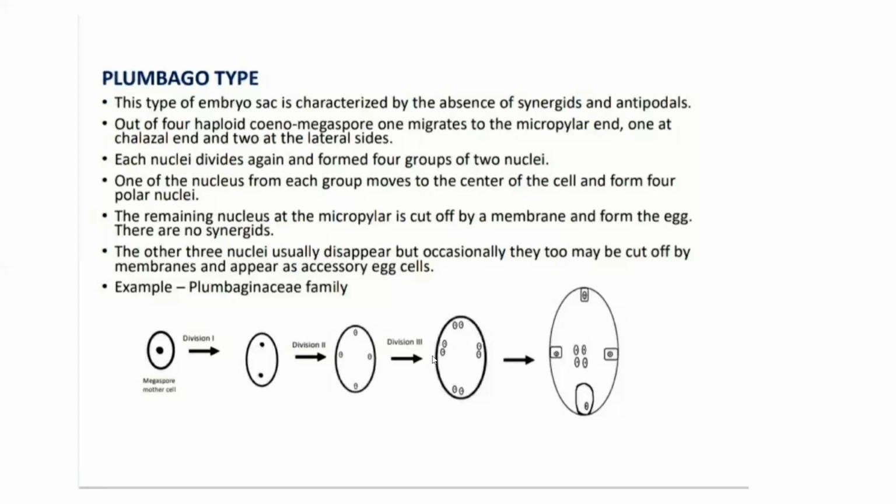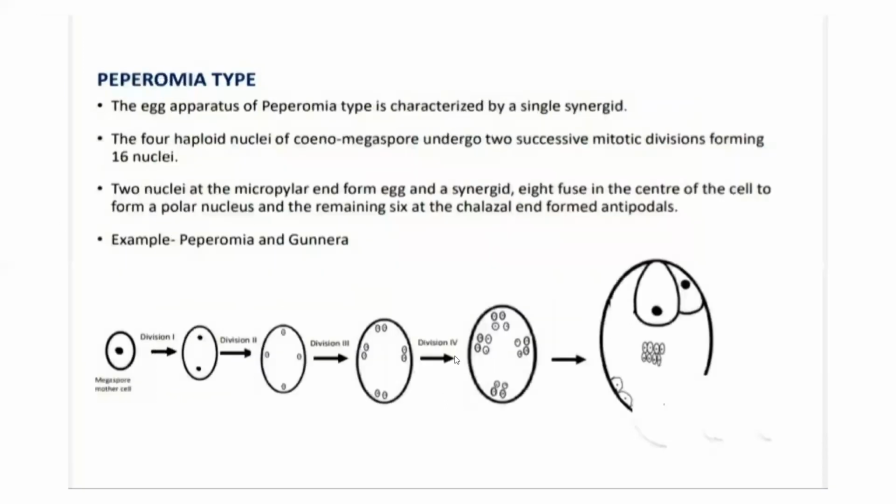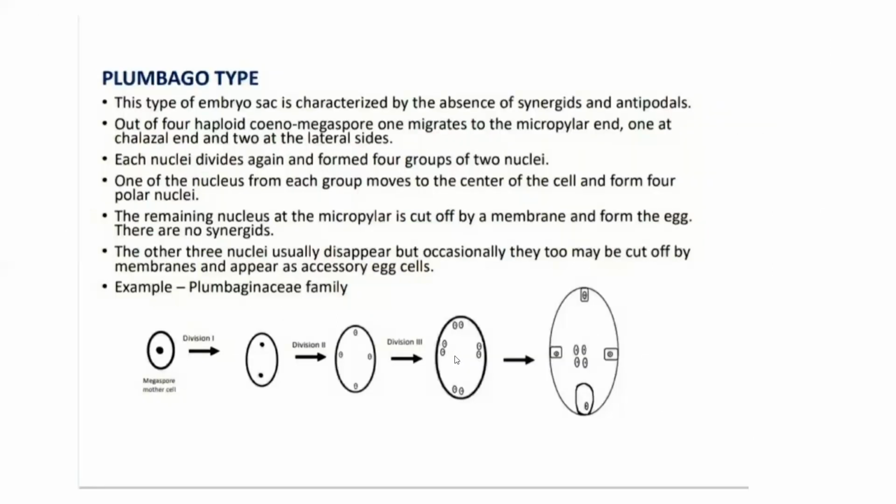So the 4 nuclei undergo free nuclear divisions, and 2 nuclei are formed at each side.